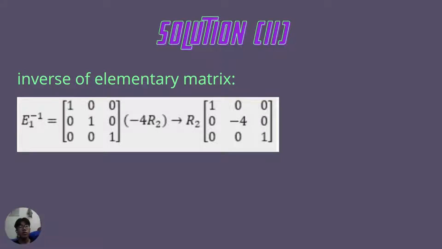The second question, the solution is the inverse of elementary matrices. So E inverse 1, which the matrix is 1 0 0, 0 1 0, 0 0 1. We're going to take row 2 and multiply it by negative 4. So we're going to get 1 0 0, 0 negative 4 0, 0 0 1.